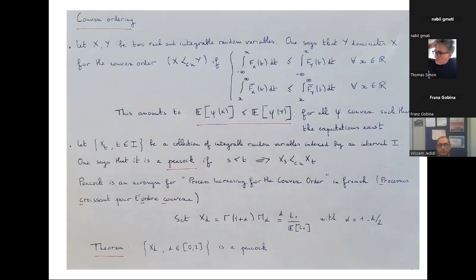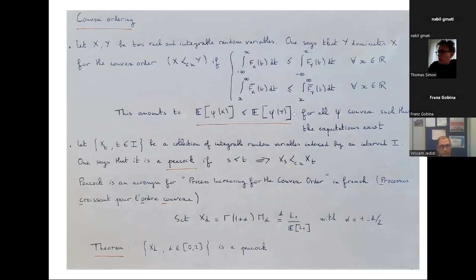If you have two inequalities between the tails of the distribution function at minus infinity and the survival function at infinity. So the integrals of these tails do exist because the random variables are integrable, of course.